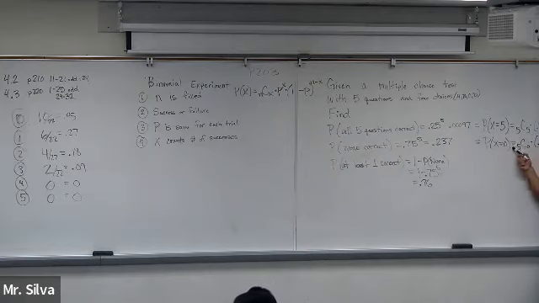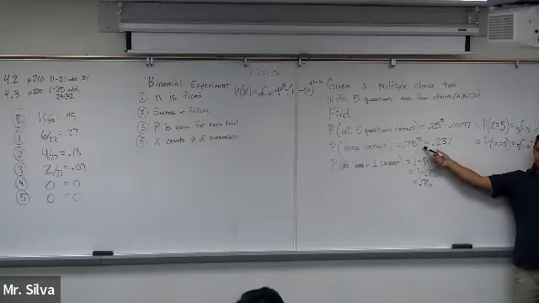So this is 1. 0.25 raised to the 0 power is 1. I get 0.75 raised to the 5th power, which is 0.237.